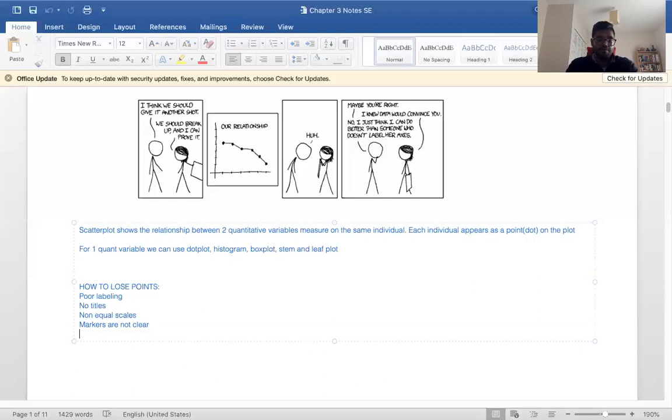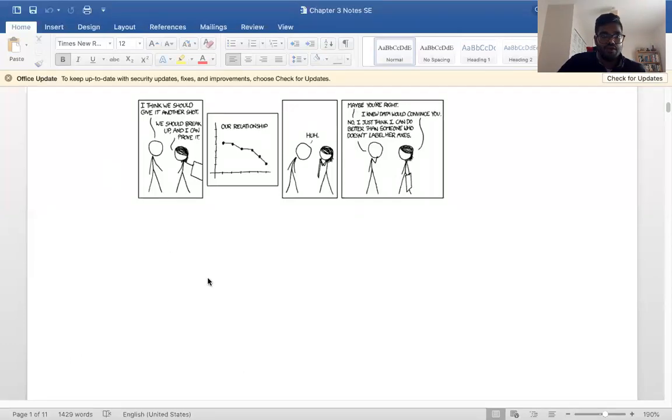You have unclear value marks. By markers are not clear, I mean like the points, like the scale on the graph. Layout of the graph. Okay. Basically, your goal is to make the graph as clear as possible. Moving on to the next page.